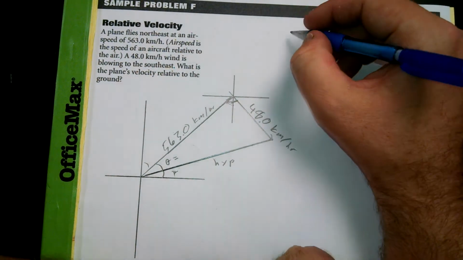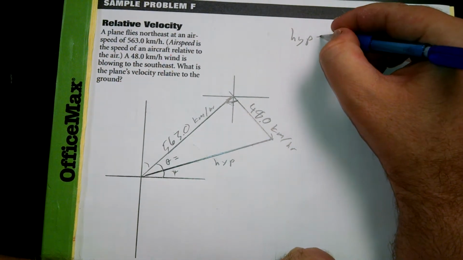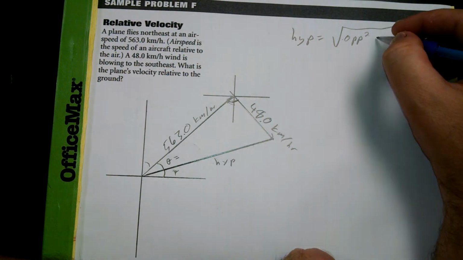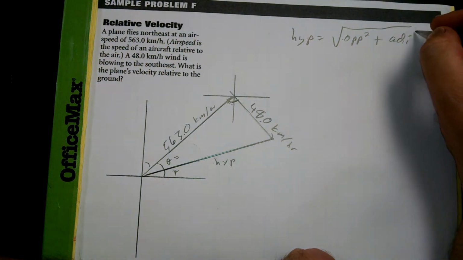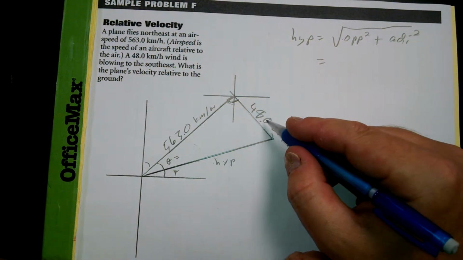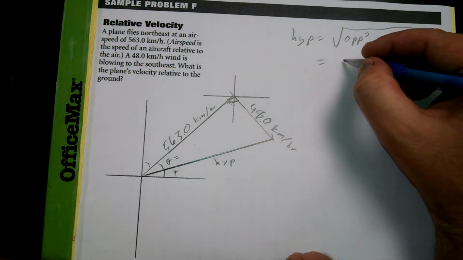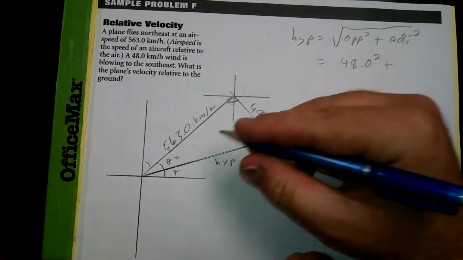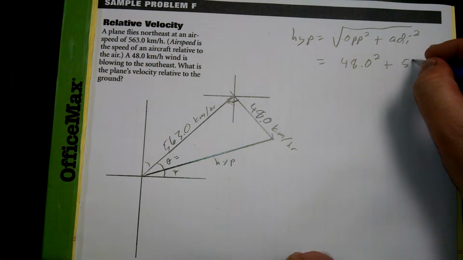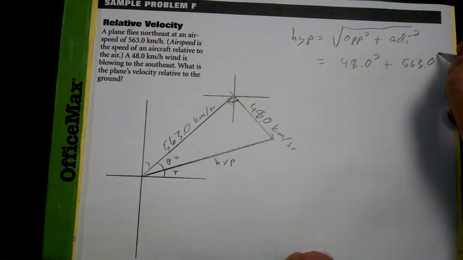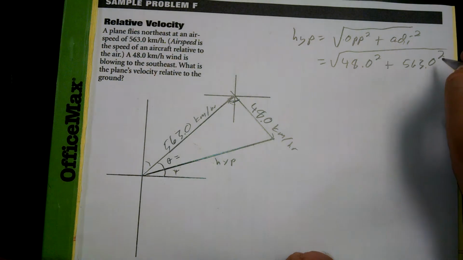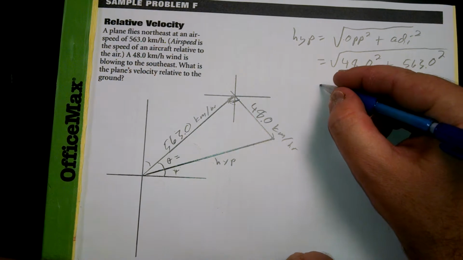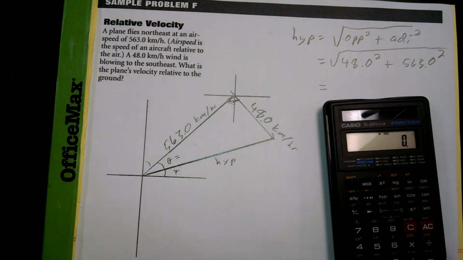Now, if you remember, our formula for the hypotenuse is equal to the square root of the opposite side squared plus the adjacent side squared. We know the opposite side, 48 kilometers per hour, so I'll go ahead and plug that in, 48 squared. And then the adjacent side is 563.0 squared. Both of those are in kilometers per hour, so once we square them and then take the square root, we're going to end up with kilometers per hour as our magnitude for the vector.